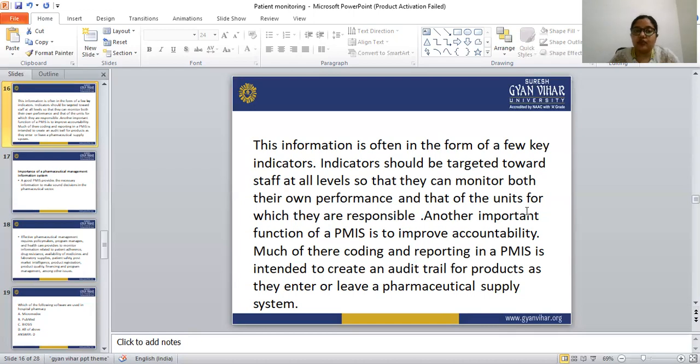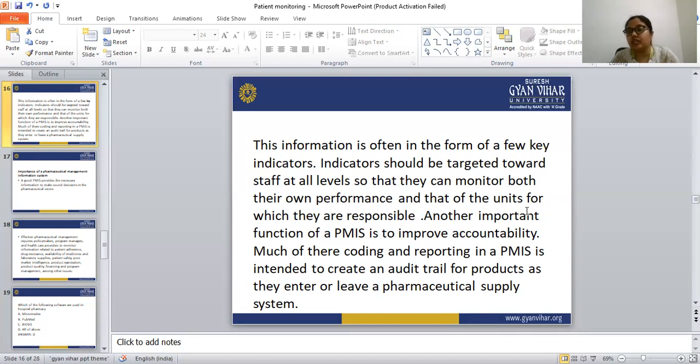Next is inventory management. Using computers in the pharmacy will help in inventory management also. Continuous inventory control is very crucial for pharmacies so that they never run out of stock, and maintaining an accurate inventory with multiple dispensing points becomes a complex process.